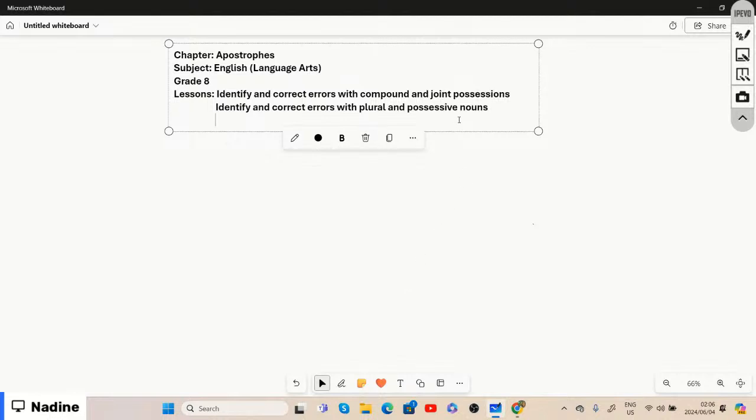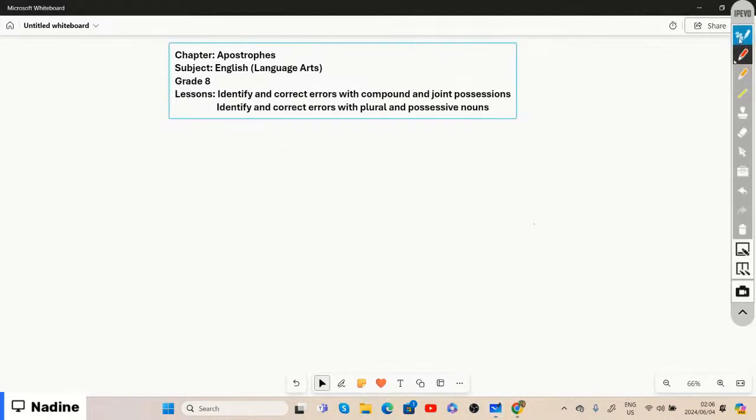All right, so apostrophes, right? Before we start, apostrophes are basically these little things that look like a comma on top, and then we have an S. Usually an apostrophe shows possession. It shows either who or what is doing something, right?